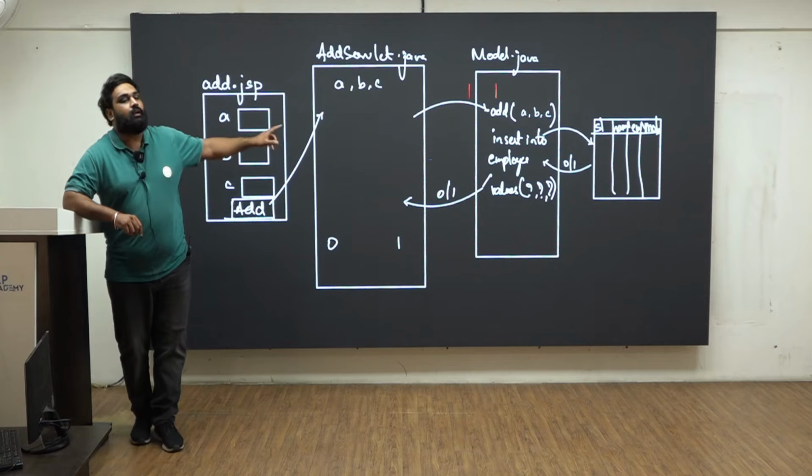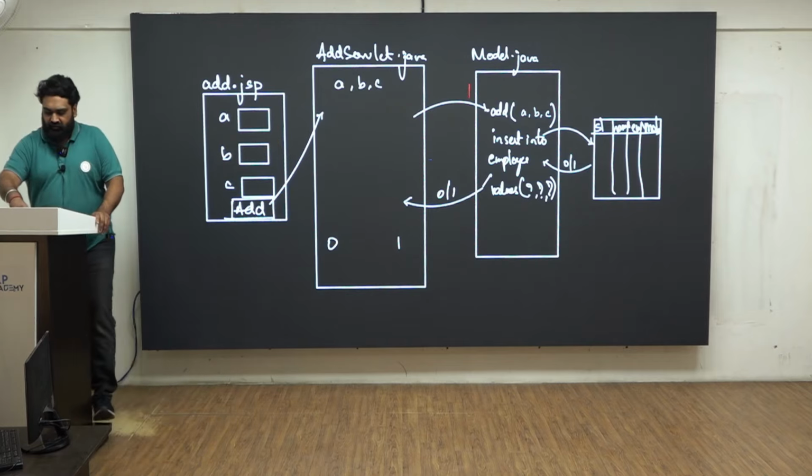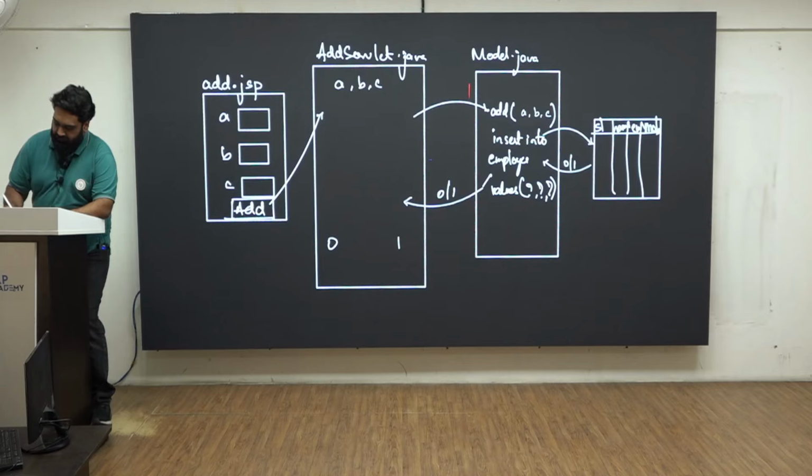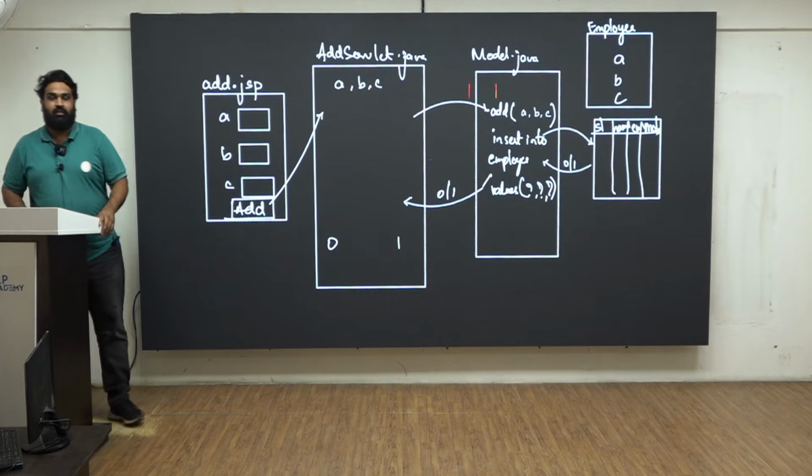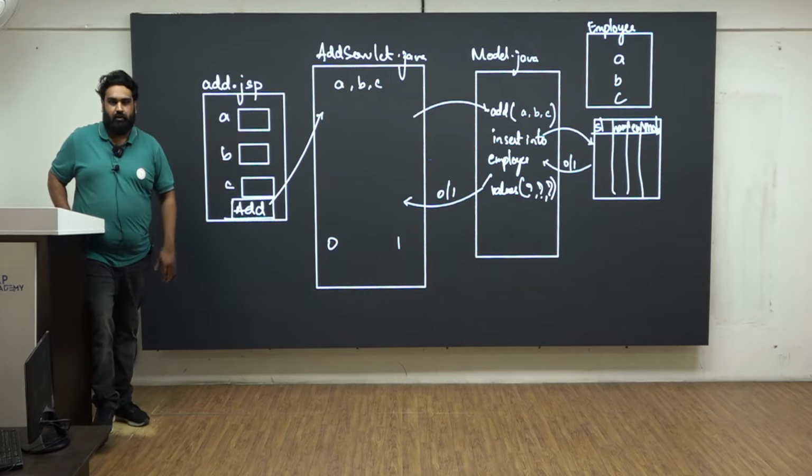To overcome this, what I can do is, I will create one class called employee, which will have variables, let's say A, B and C. Name, email and mobile number only.